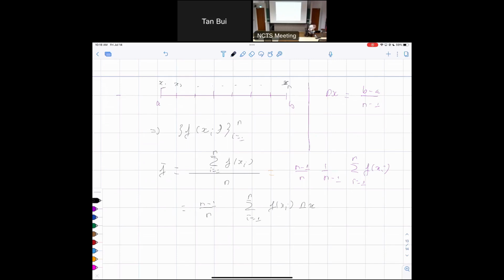Actually, I have to do 1 over n of b minus a here as well.